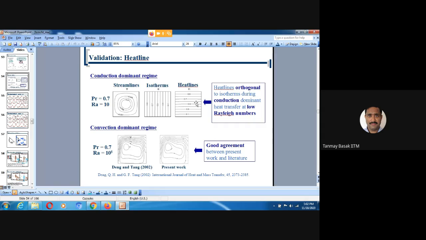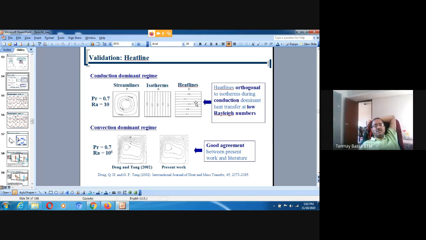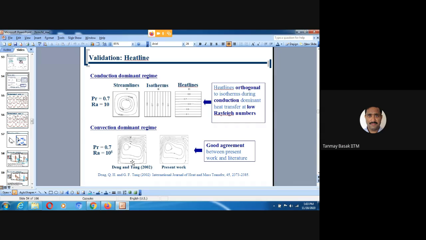In the convection dominant regime, we can see this type of structure, which is actually available in the literature, Deng and Tang 2002, and this is the structure of the heat flow. These are the heat lines for the heat flow, and you can see how the heat is being transported from the hot wall to the cold zone.